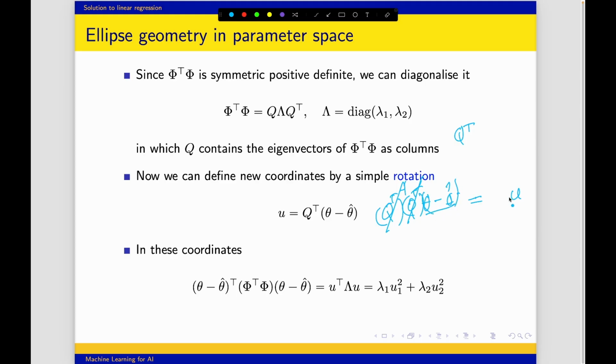And then we also multiply u by Q transpose to the minus 1. Now, Q is unitary, and so Q transpose is Q minus 1. And we're taking the inverse of the inverse, which is going to be Q. So this ends up being Q times u. Okay.